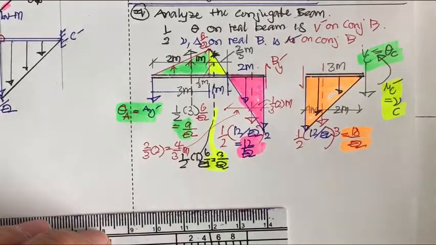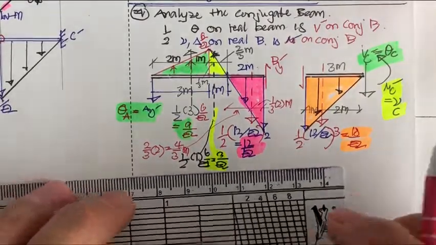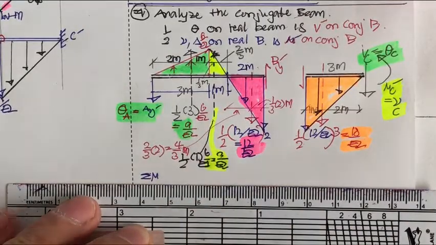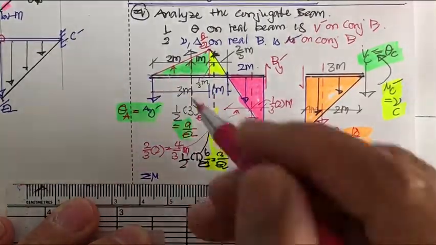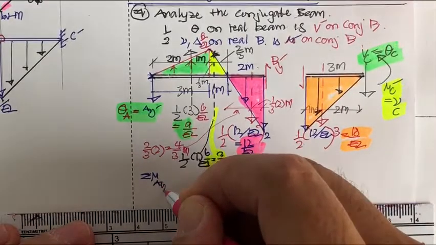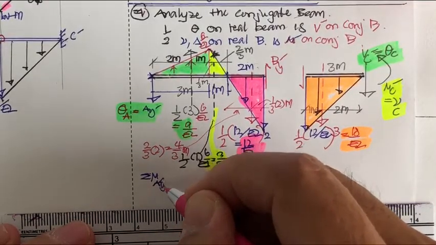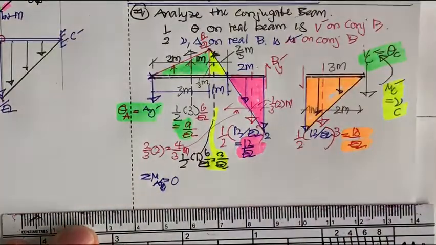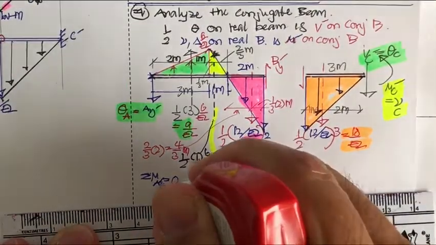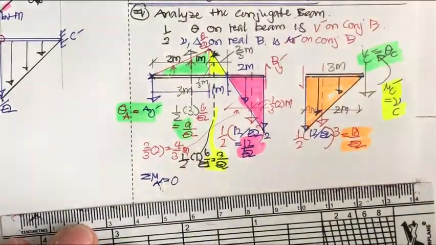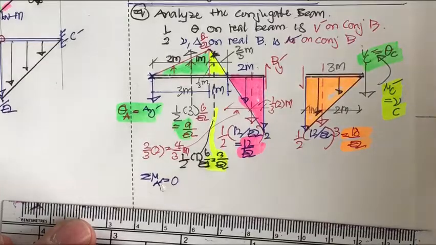Based on this concept, let me start with summation of moment. Let's say at a sub y prime here is better. Just take moment m sub a prime equal to 0. And what we have is b sub y prime going to be what? B sub y prime is going to rotate this way.